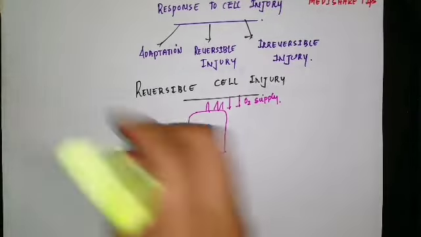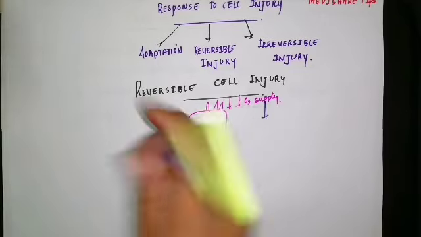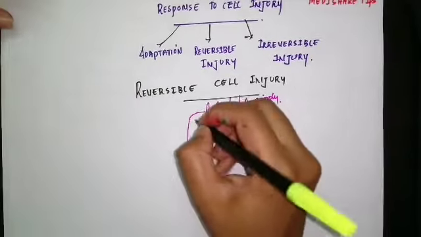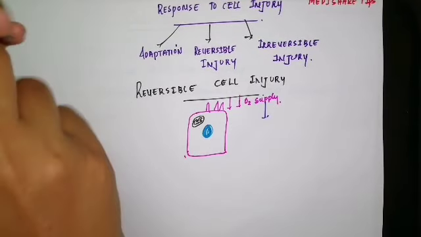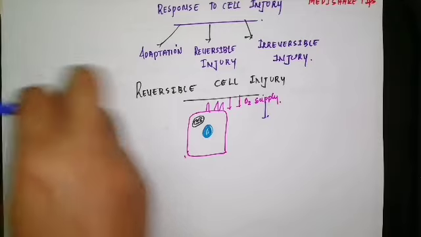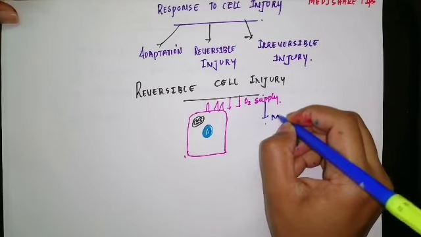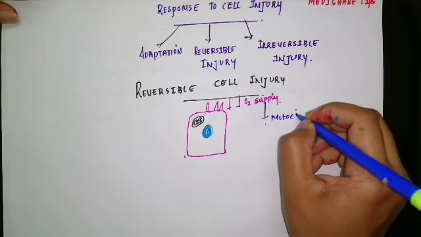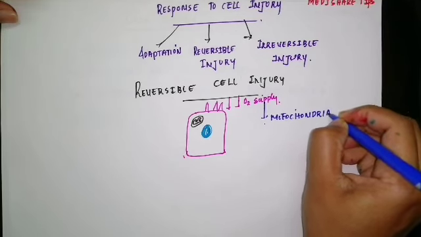What happens? There is an organelle here, that is mitochondria. Because of the decreased oxygen supply, mitochondrial dysfunction occurs.